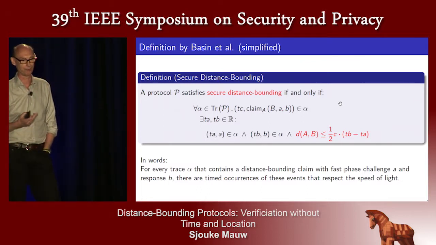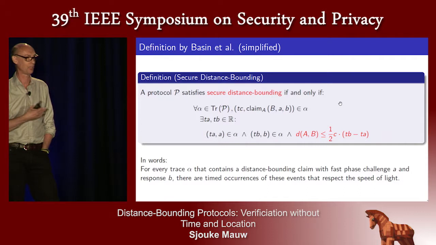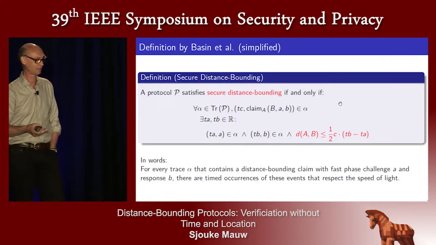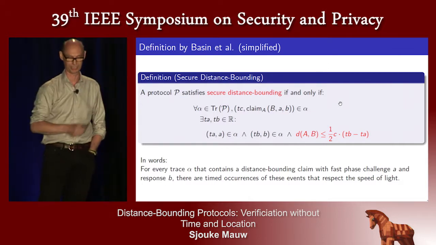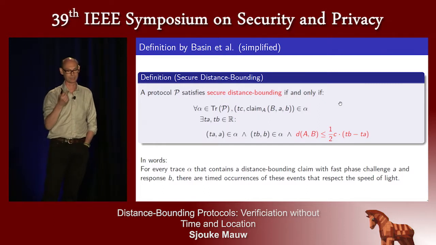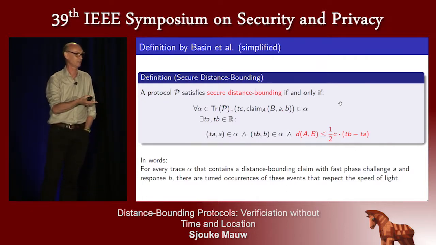They have the following approach to defining secure distance bounding. A protocol P satisfies secure distance bounding if for every trace generated by the protocol, if that trace contains a claim event, so it contains a successful execution of the protocol by the reader, then there are instances of these two events, small a and b, and an instance is simply assigning a time point to it.